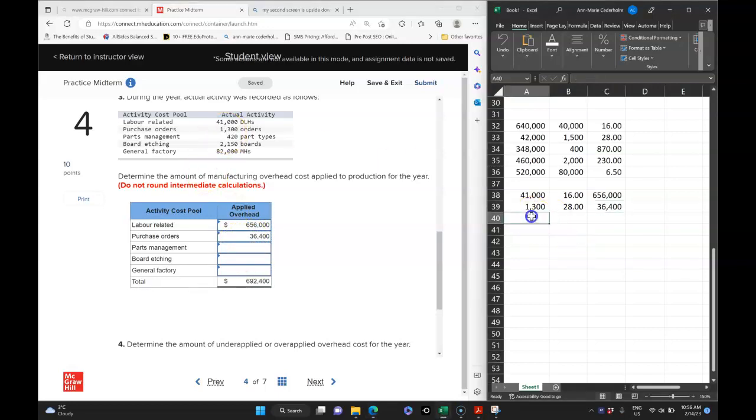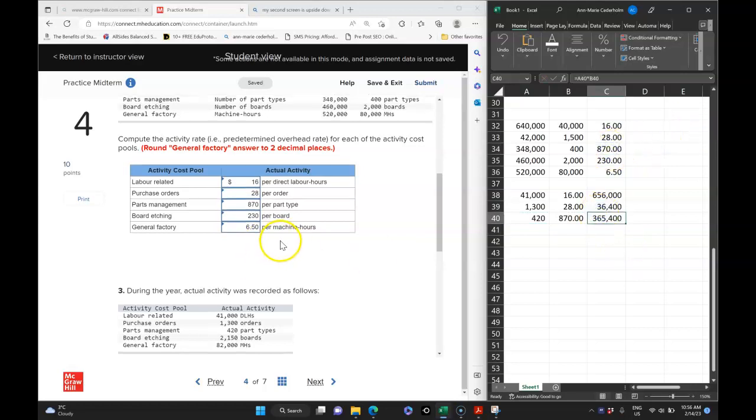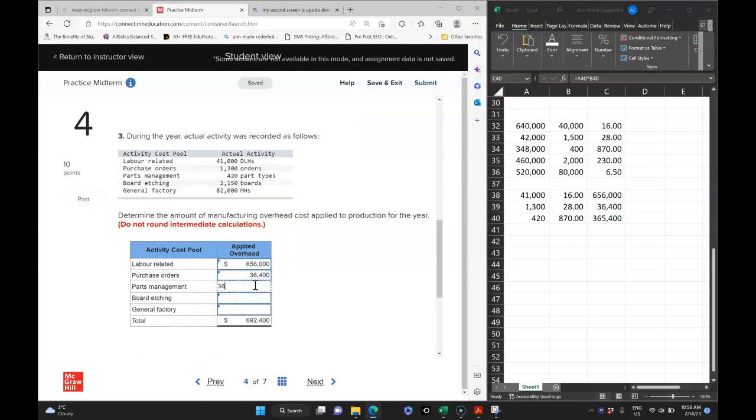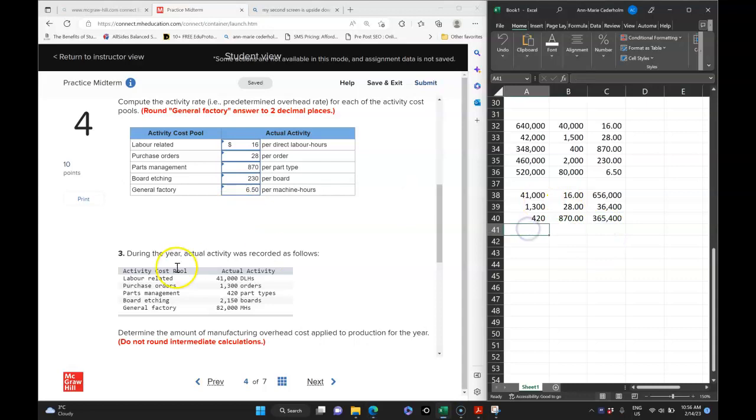Parts management, there is 420 actual parts used, and my predetermined overhead rate is 870, which is also this number right there. So that's 365,400. My board etching is 2,150. So I etched 2,150 boards, and my predetermined overhead rate was 230, which is also that number that I calculated.